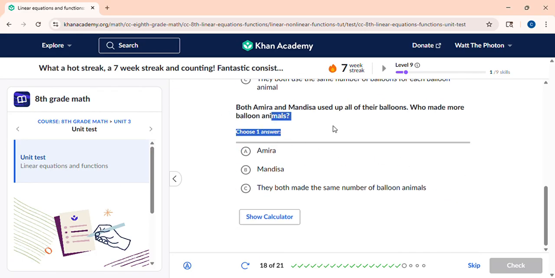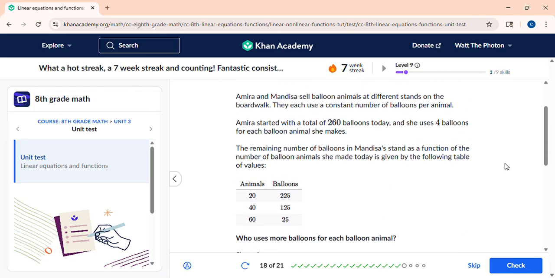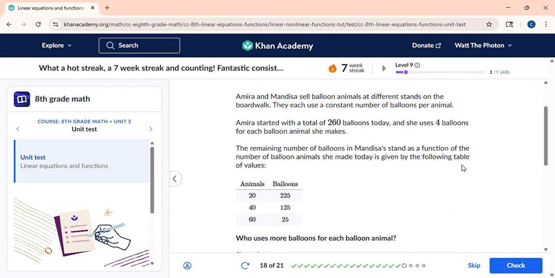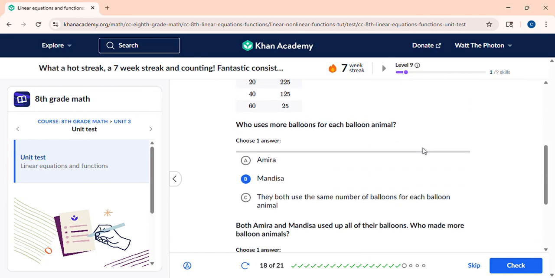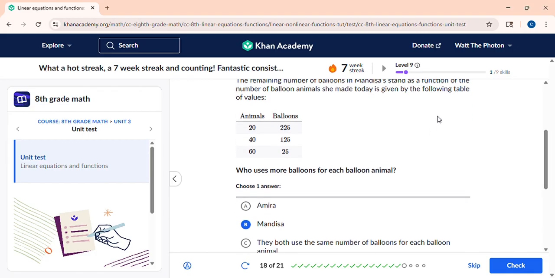If they use all, who would make more animals? So we have 260 divided by 4, she has 65 balloons. I think they both make the same number. So 60 plus 25 divided by 5 is 65, so I think they both make the same.